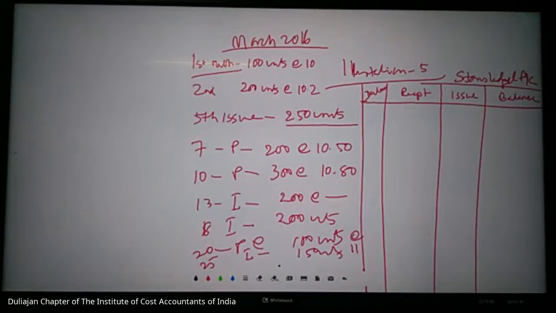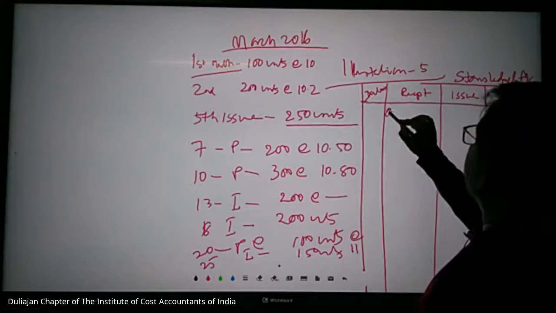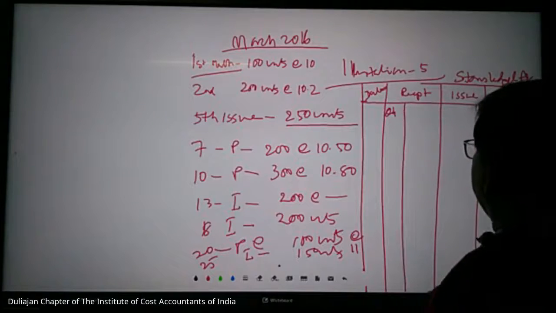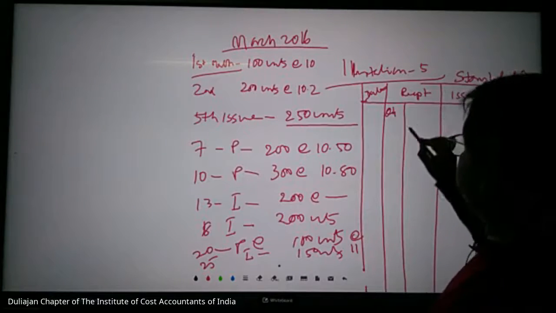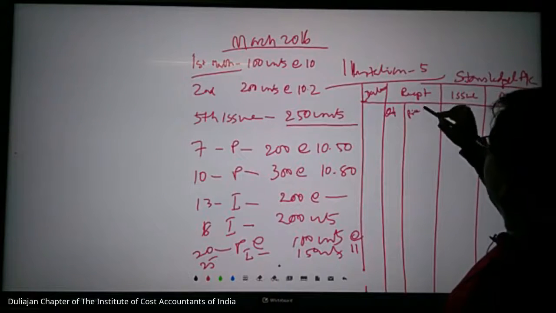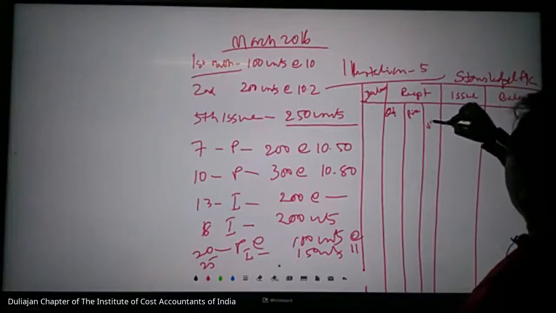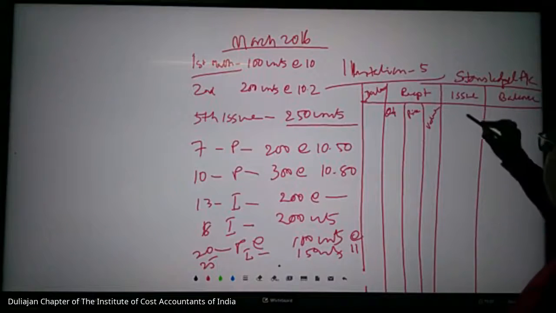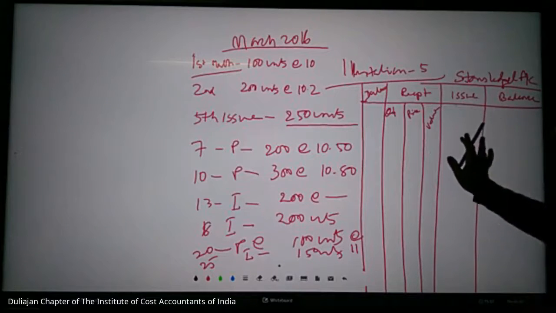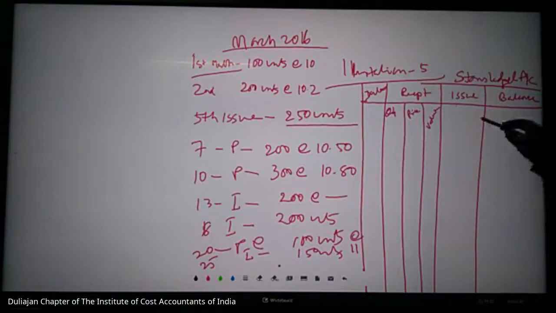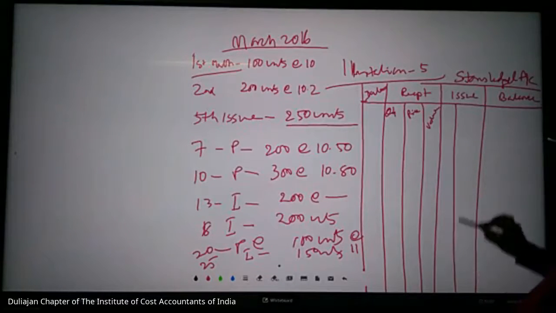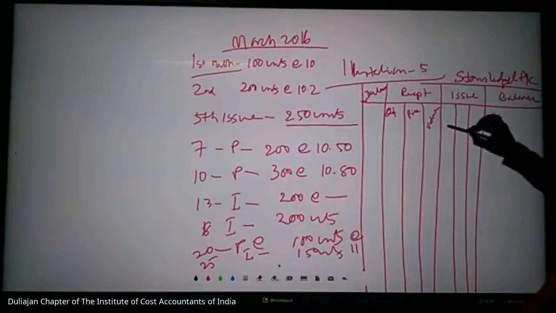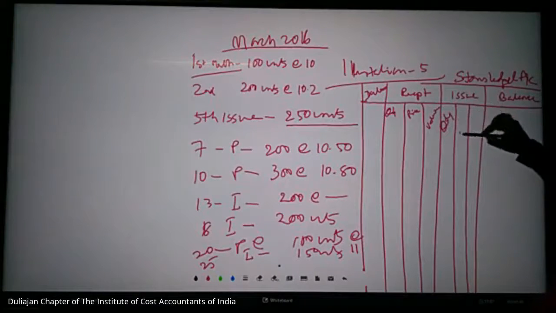Like this, you have to make 3 columns: receipts, issues, and balances. The receipts will again have 3 columns: quantity, then price, then value. Similarly, issue also will have 3 columns: quantity, price, value.